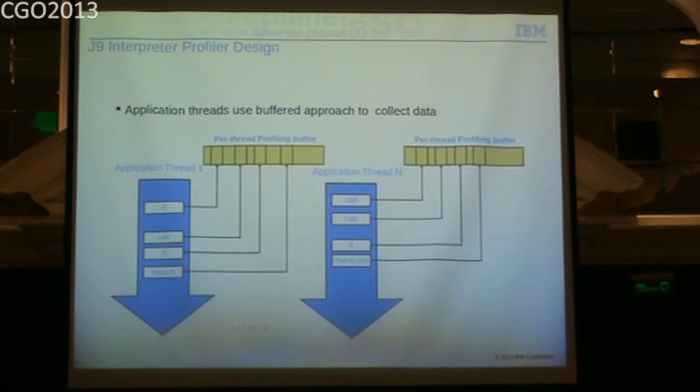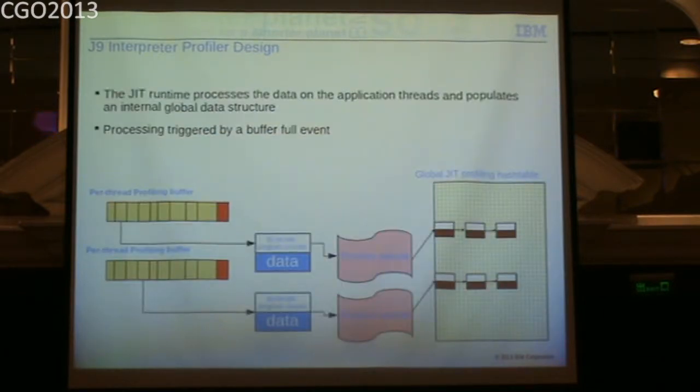Here I have two application threads that are interpreting, and when we execute an interesting bytecode, an entry will be placed into the per thread profiling buffer. When the buffer gets full, the JIT runtime will pause the application thread and begin to parse and process each data sample in the buffer, and then it'll enter the sample into the global JIT profiling hash table.